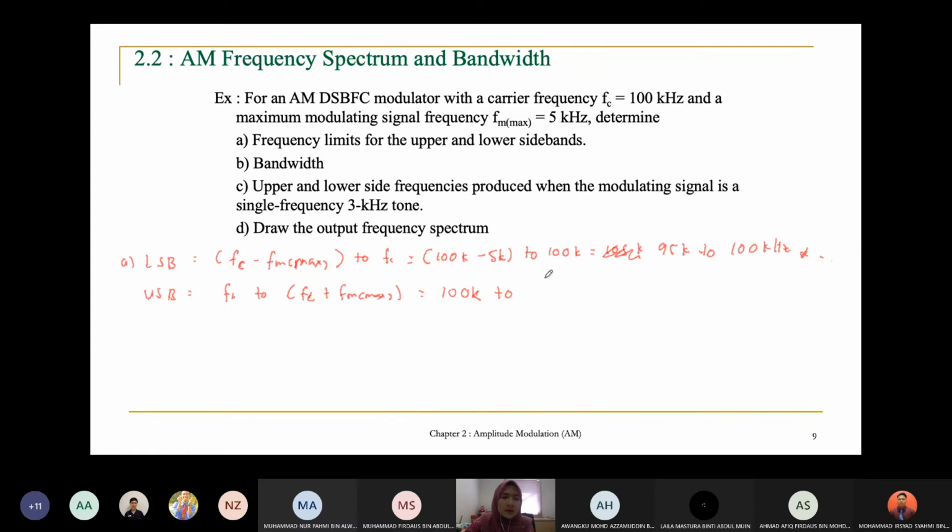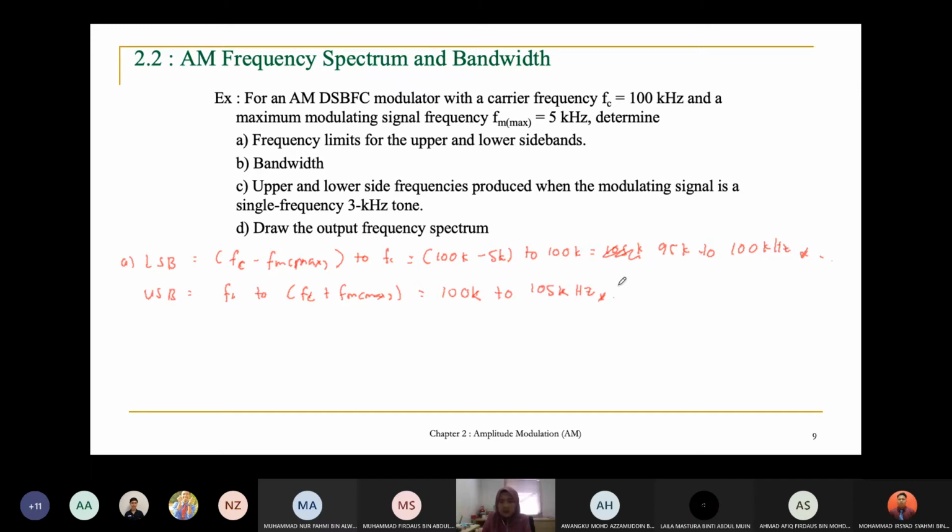So the limits are from 100K to 105K. That is the frequency limit for the upper side band and the lower side band.